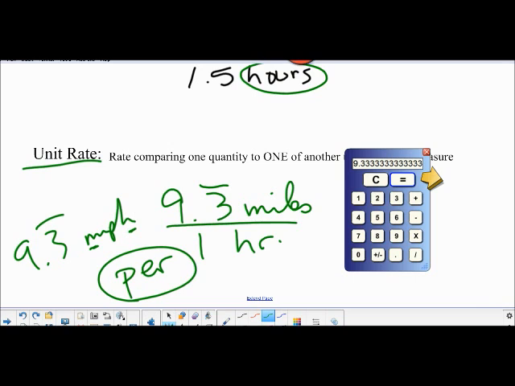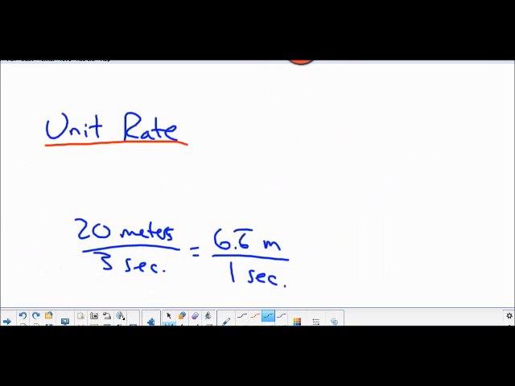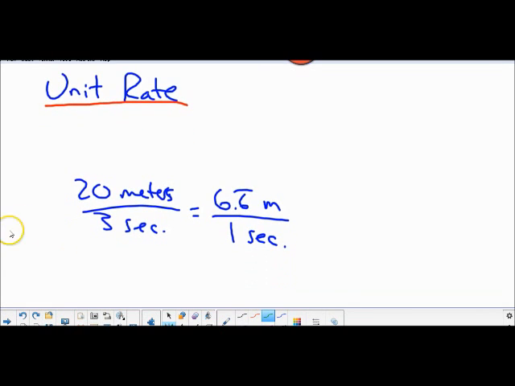And that tells me that if I see that word per, it is a unit rate. And a unit rate is a little bit like percent, in that if we take a percent, we're doing everything out of hundredths, so we're forcing it into that. With a unit rate, you're forcing it to be for one, and then whatever the second unit is. If I ran 20 meters in 3 seconds, I could have this rate, 20 meters over 3 seconds, and then this would be a unit rate of 6.6 repeating, or 6 2/3 meters per second.